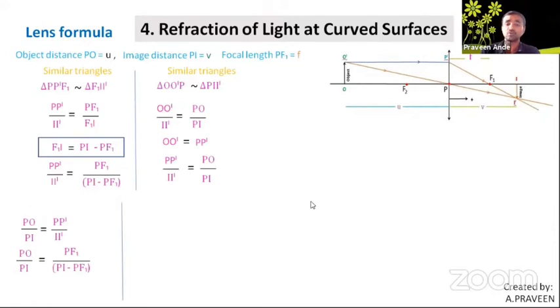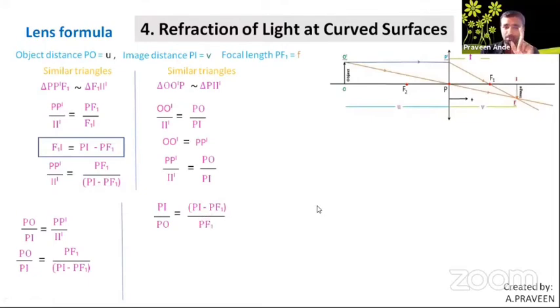I will write the reciprocal for this one. If you apply the reciprocal on both sides, Po by Pi is written as Pi by Po. Is it clear? Then what about the right-hand side? Pf1 by Pi minus Pf1 will be written as Pi minus Pf1 by Pf1.